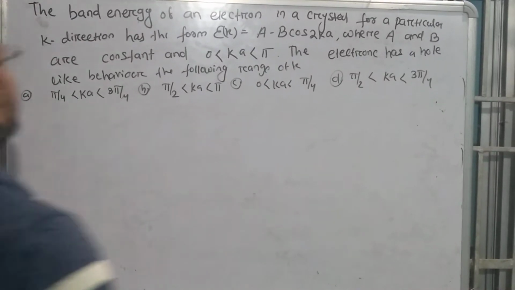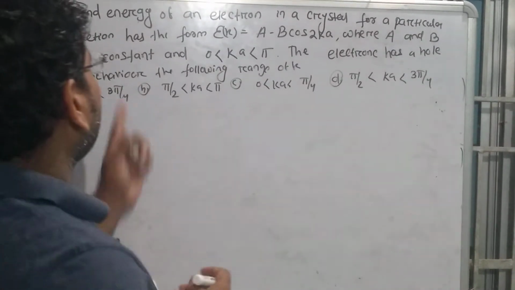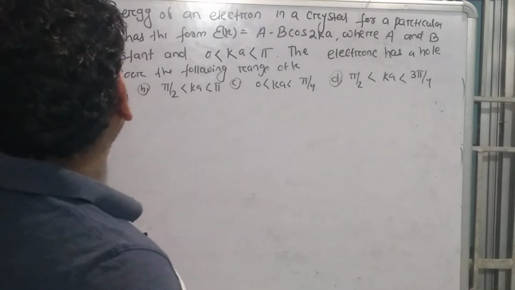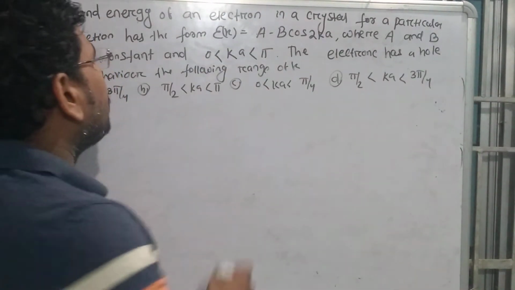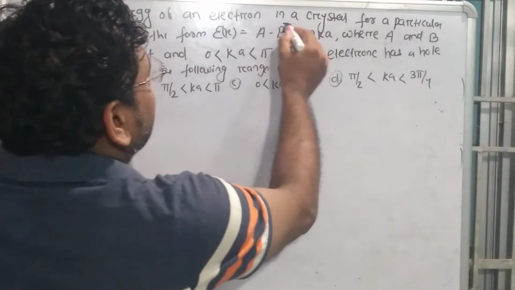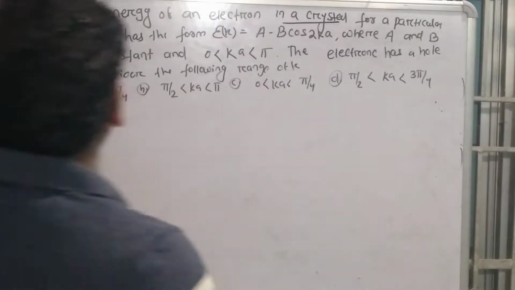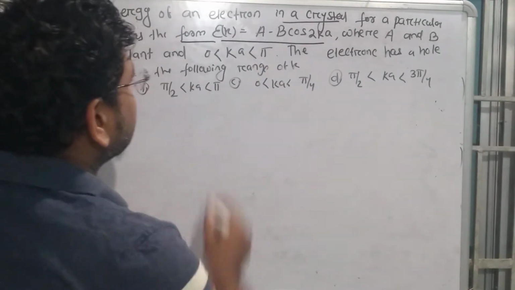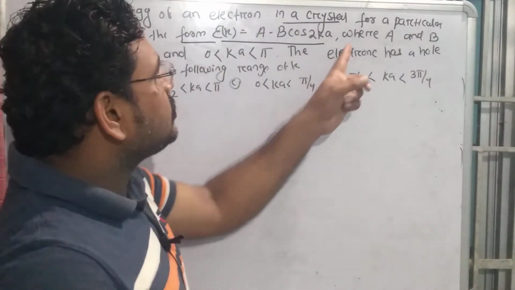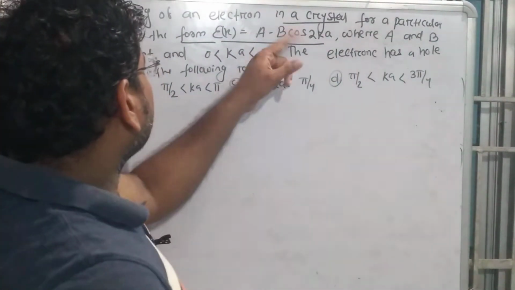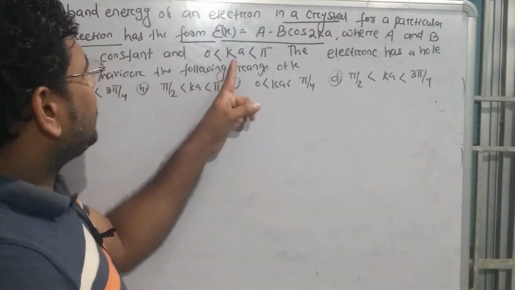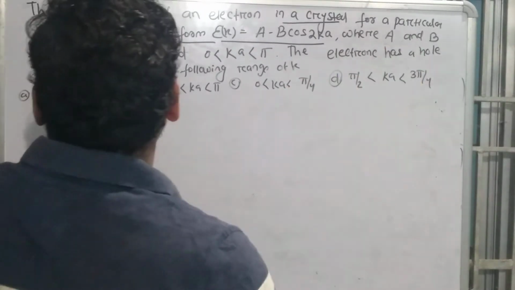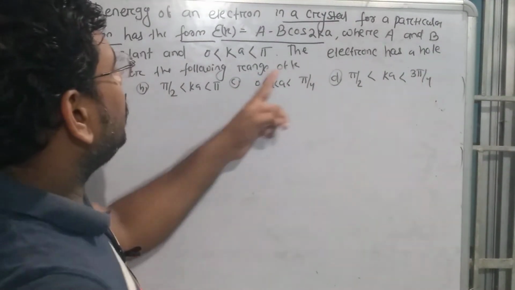Today we will discuss one problem which appeared in the CSIR NET examination. The question is as follows. The band energy of an electron in the crystal for a particular k direction has the form given here, where A and B are both constants and Ka lies between 0 and pi, and the electron has hole-like behavior in the following range of k.